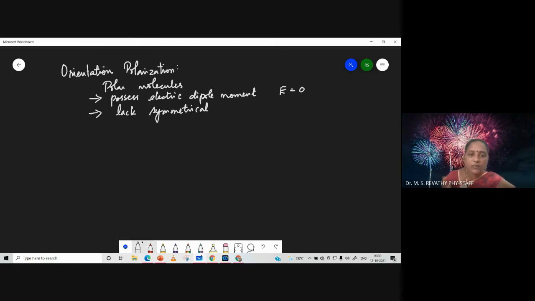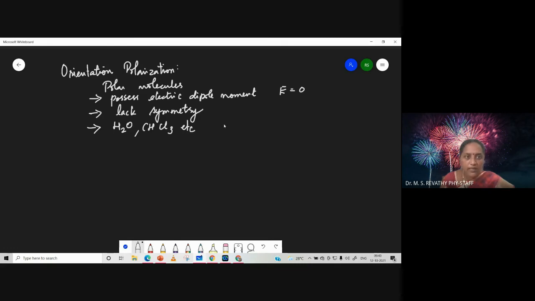Some examples of orientation polarization are H2O, CH3Cl, CHCl3, and so on. The others like H2, N2, CCl4 are non-polar or do not possess orientation polarization.